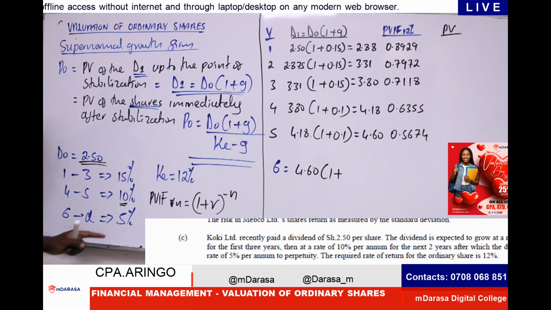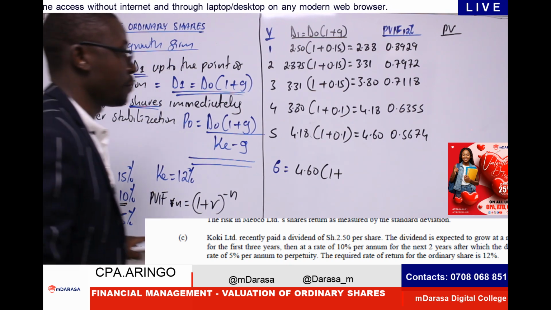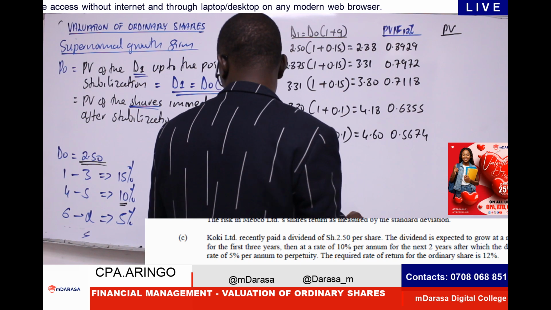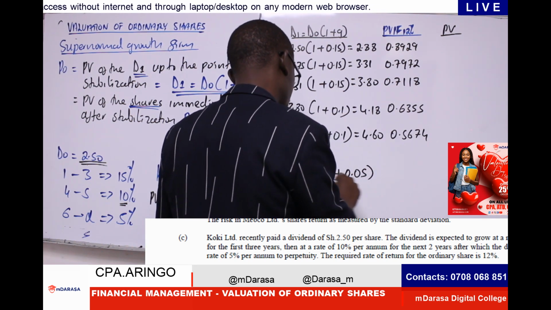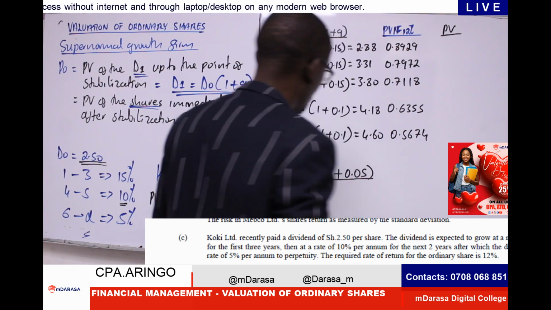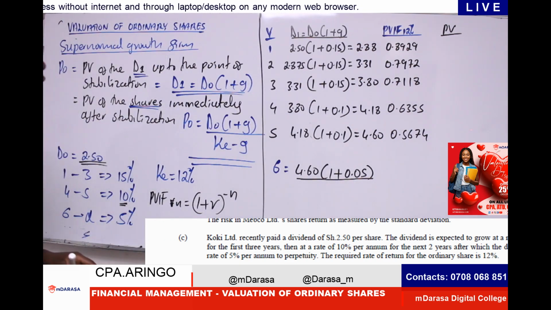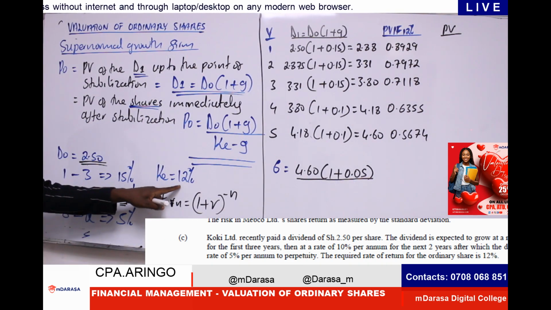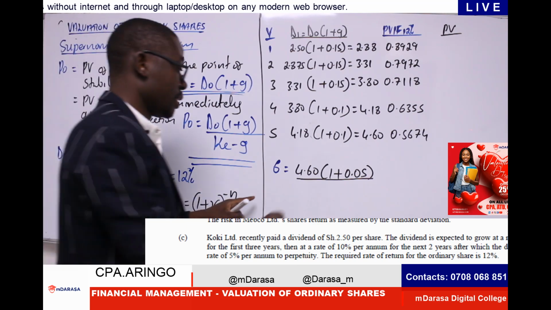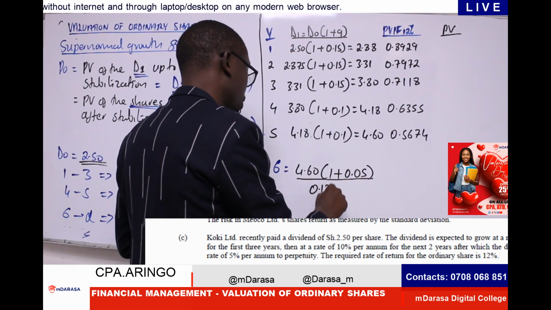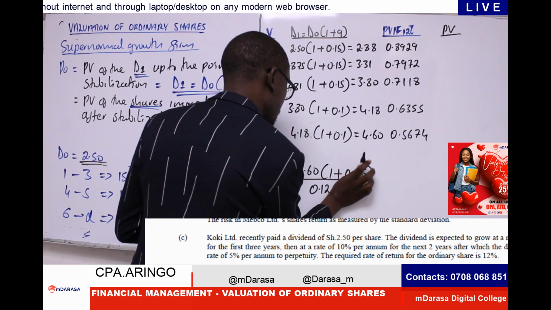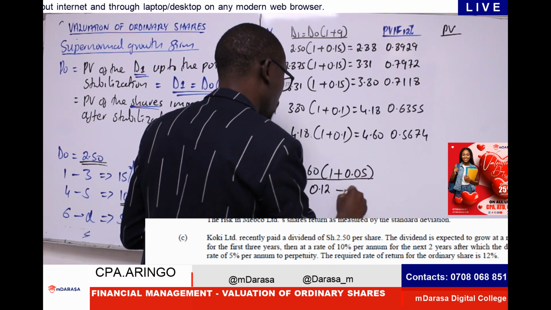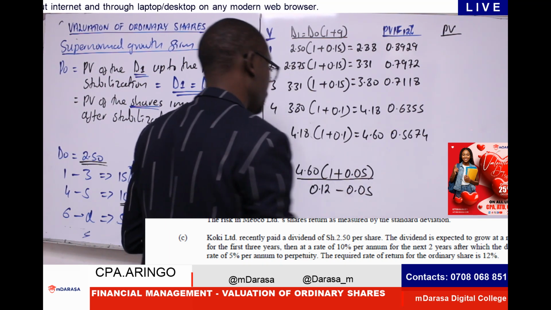What is our growth rate in year 6 to infinity? We are given 5%. So we take 0.05, all of this over our cost of equity, Ke, which is 12%, so 0.12 less our g, which is 0.05.